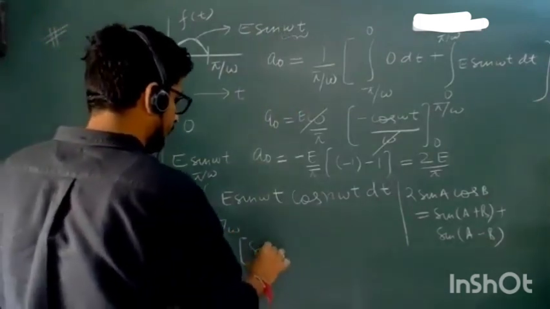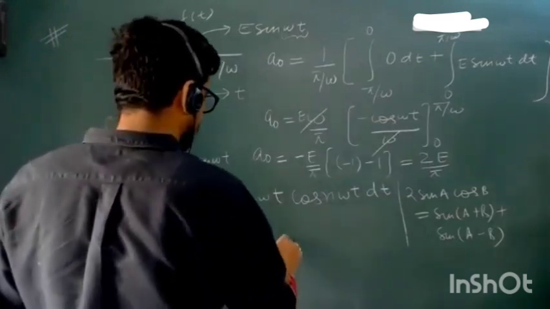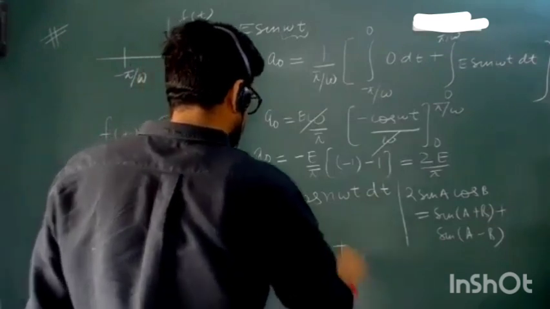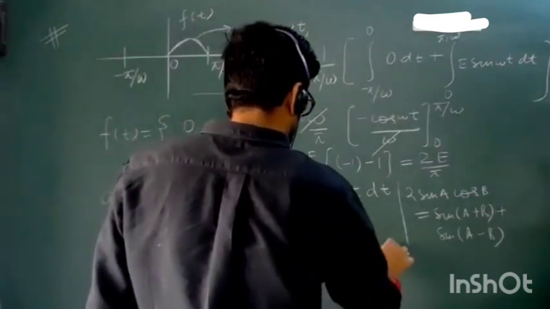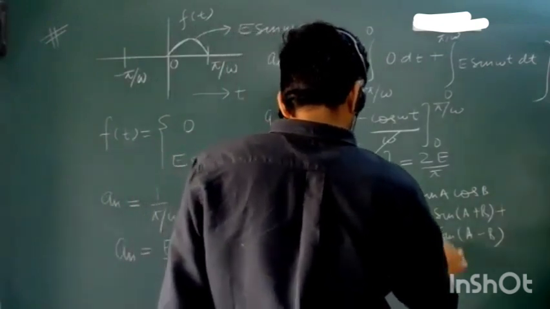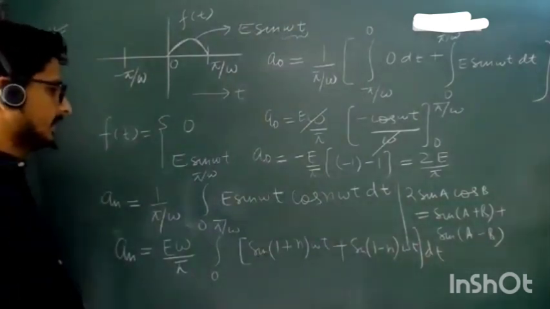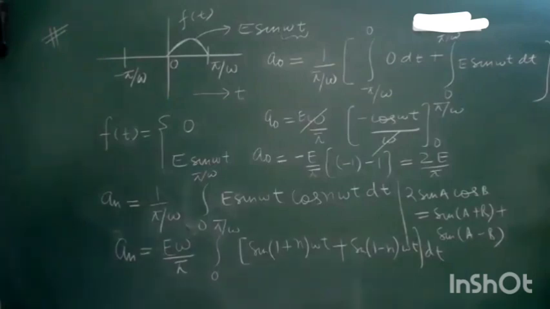sin of a plus b. So it will become sine of 1 plus n omega t plus sine of 1 minus n omega t and dt. And sine का integration straightforward है. So we can write that. What is the integration of sine?